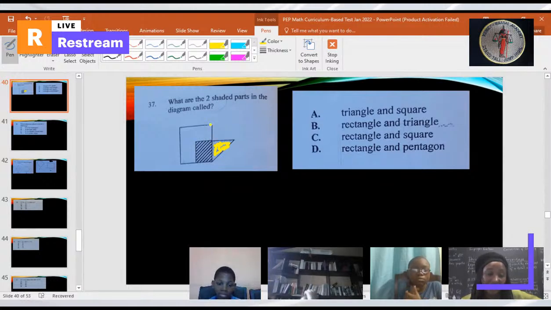They didn't tell us this was a square, and they didn't give us any measurements to see if this is halfway down. So we have to assume. I'm going to go with B. But just bear in mind, a square is a special kind of rectangle.